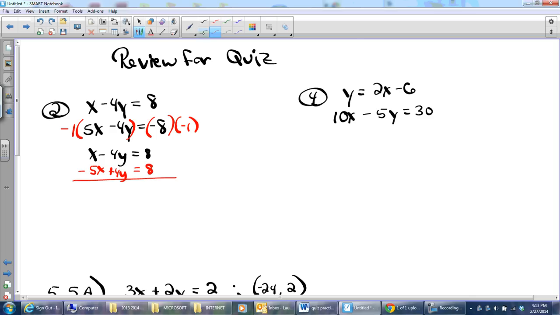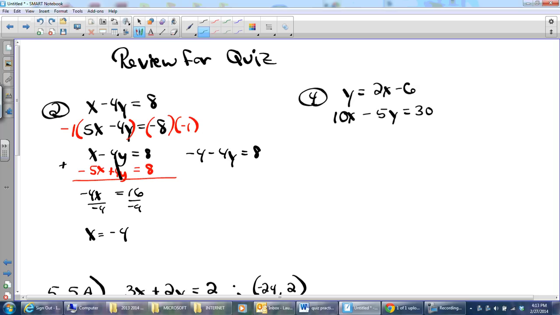And then I'll add my two equations together. I'll get negative 4x. Those cancel, equals 16. Divide by negative 4. And I will get that x equals negative 4. Now I have to go back and solve for y, and I think I'll use this first equation. So I'll have negative 4 minus 4y equals 8.